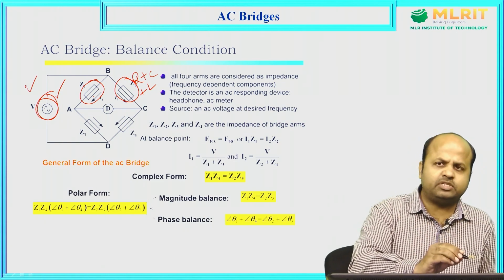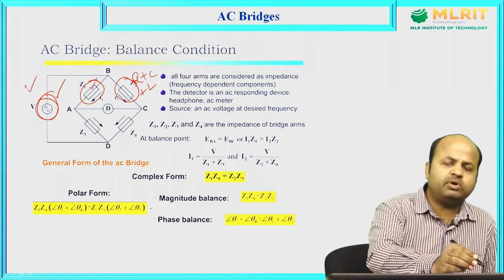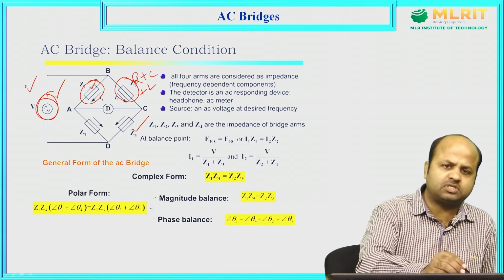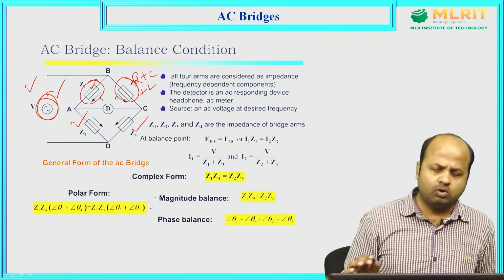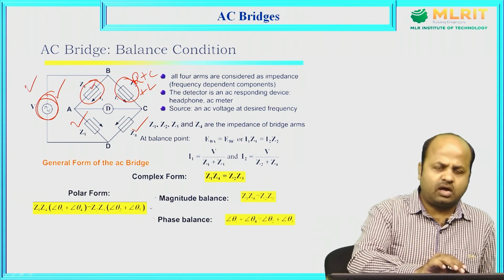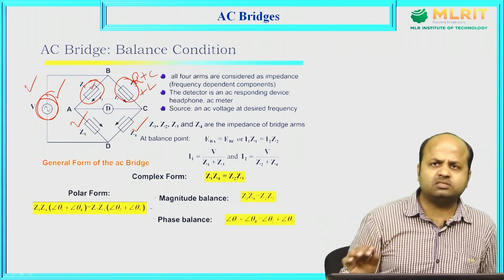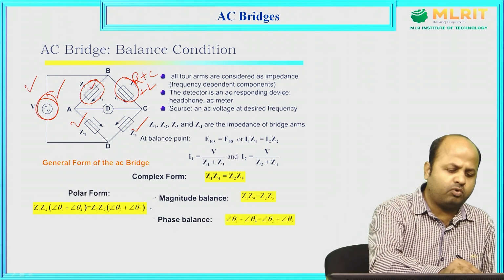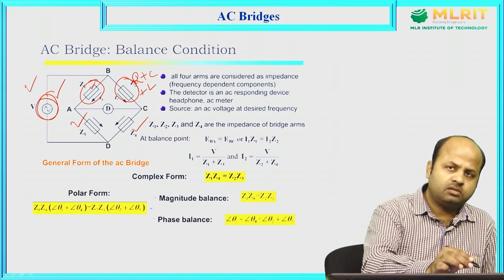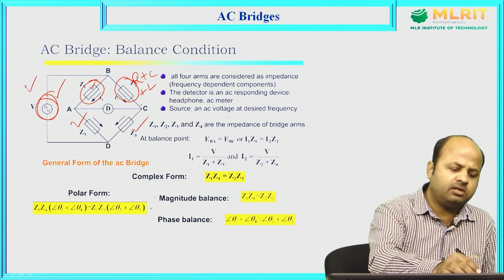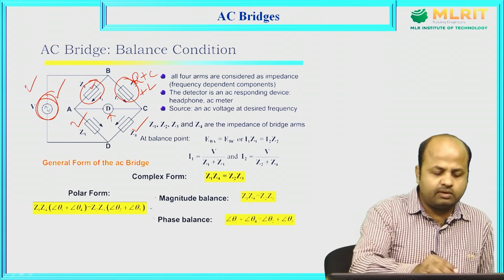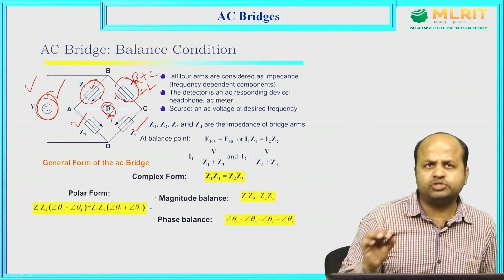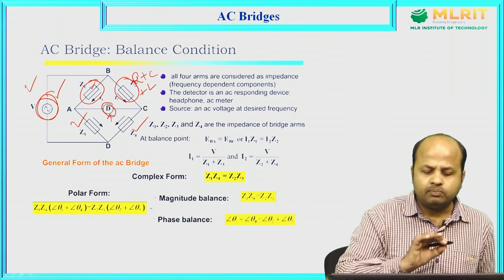But in AC bridges you may find an inductor here, a capacitor here, a resistor here. So any component can be there. This is the basic difference, and the rest of the things are similar. It also consists of 4 components connected in a closed loop fashion, one AC voltage source and one current detector. So whenever the current in this detector becomes 0, the AC bridge becomes balanced.